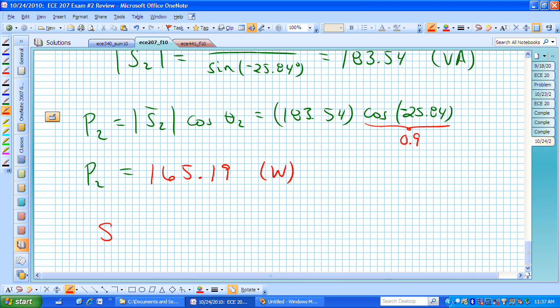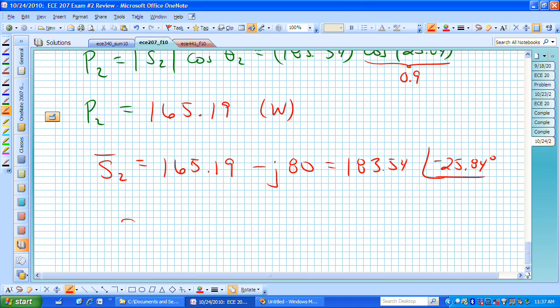Now we have our complex power S sub 2 in rectangular form. That's P, the horizontal component, minus j80, there's our vertical component, or 183.54 at an angle of minus 25.84 degrees.